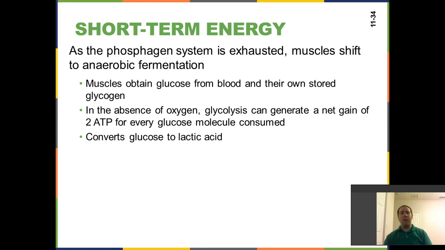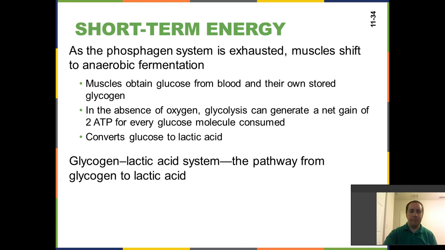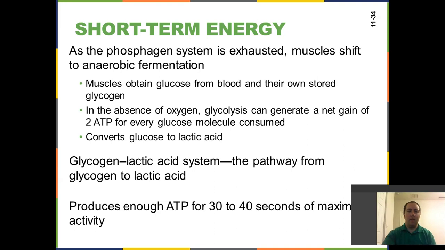And so when we start running, the muscles are going to very quickly use up the glucose they have sitting around. And then they have to go to their bank, and they have to start breaking down the glycogen to get the glucose out. But when we do that, we get lactic acid, and then we have to get rid of the lactic acid.